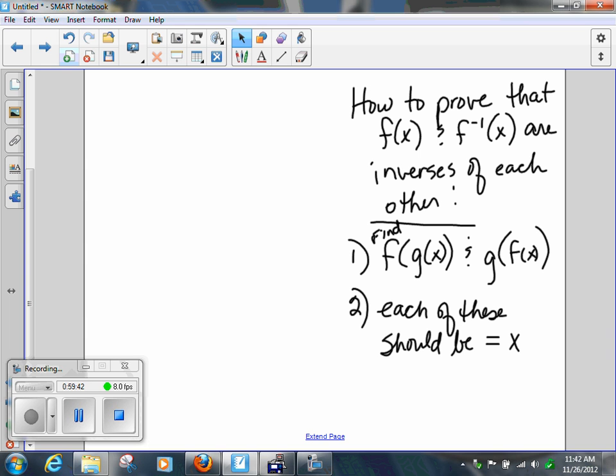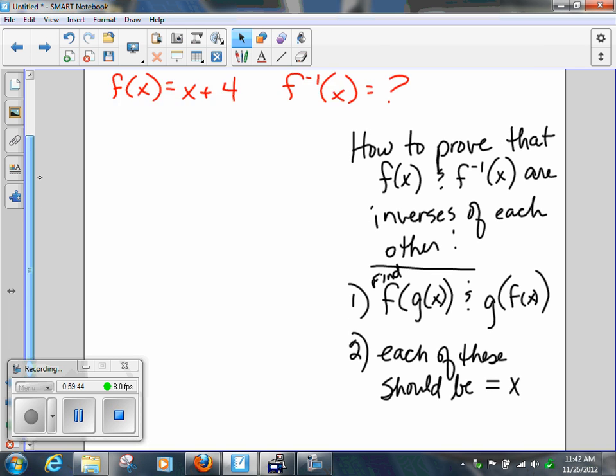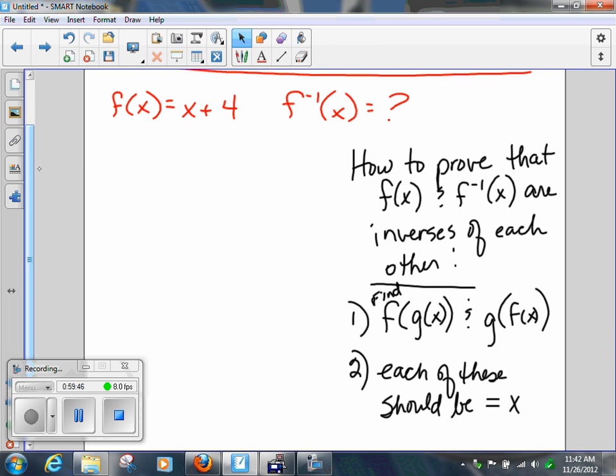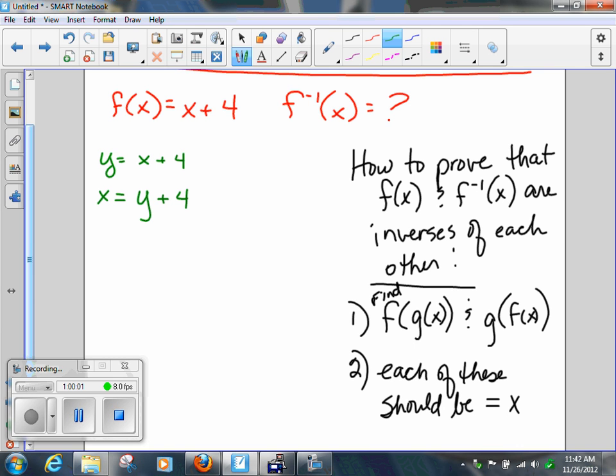So let's check. We're going to go through the back door to show you how to figure it out. Our original function is x plus 4. If I wanted to find the inverse, what would I do? Switch the values. So x is equal to y plus 4, correct?